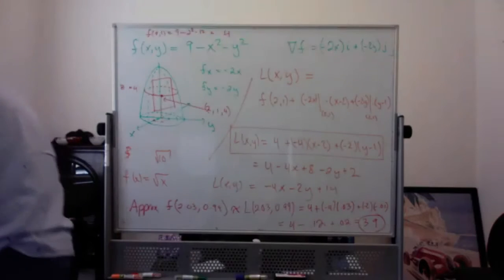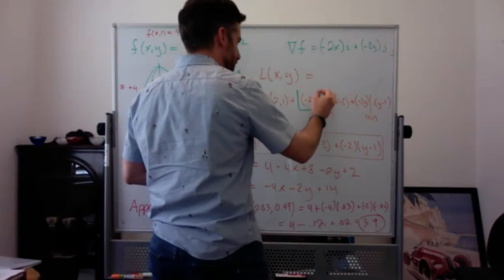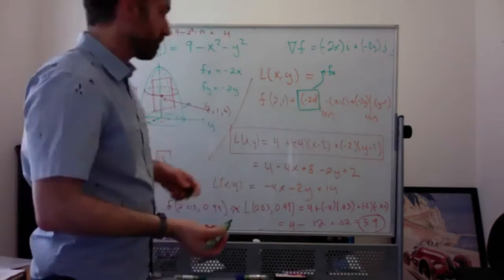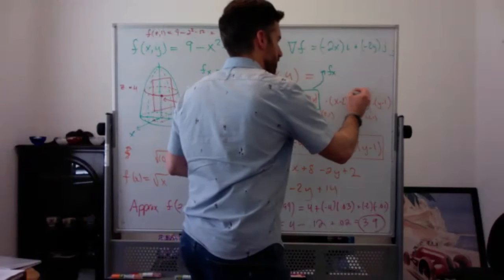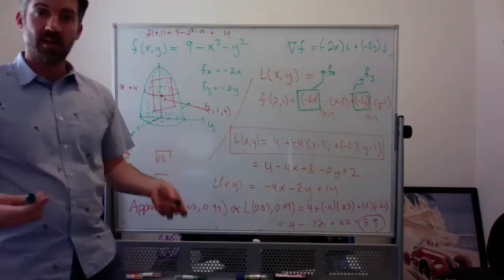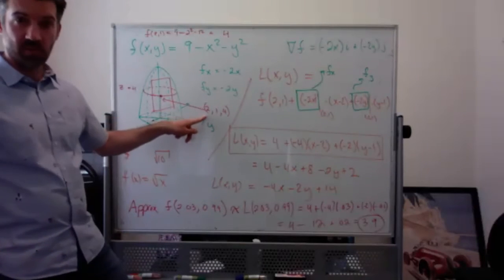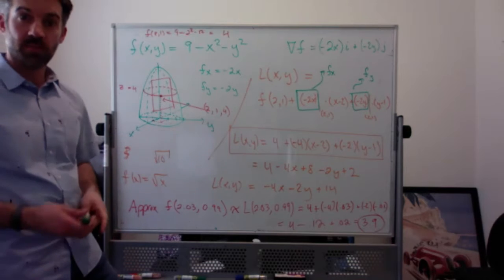This part here is just f sub x, and over here, that is just f sub y. Then I'm plugging in the values of x and y at the point I'm using, the point (2, 1). So that's how I'm getting those values.